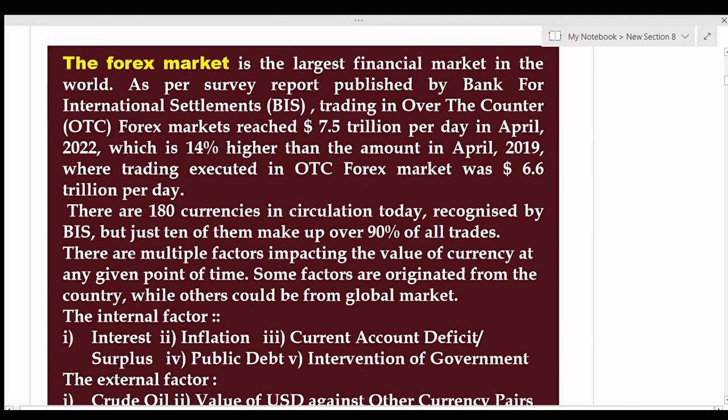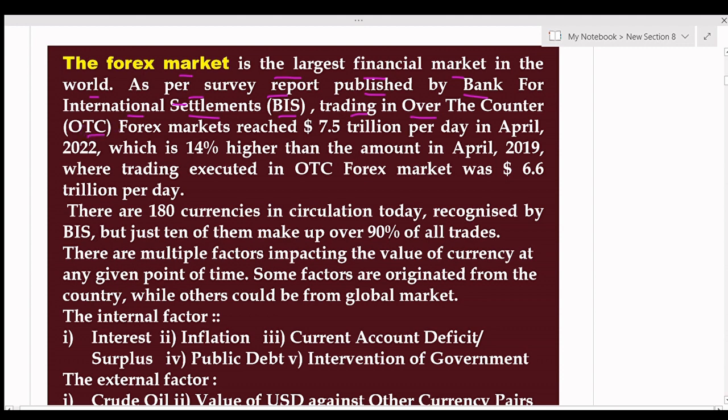The foreign exchange market is the largest financial market in the world. As per the survey report published by the Bank for International Settlements (BIS), trading in over-the-counter, OTC.